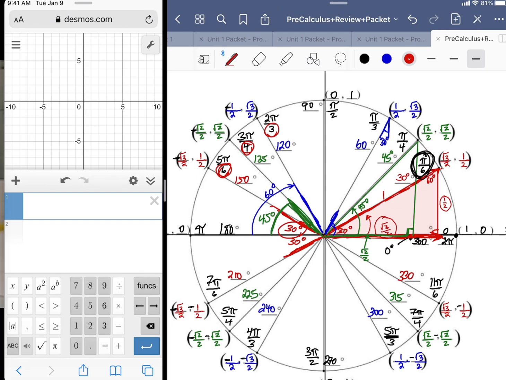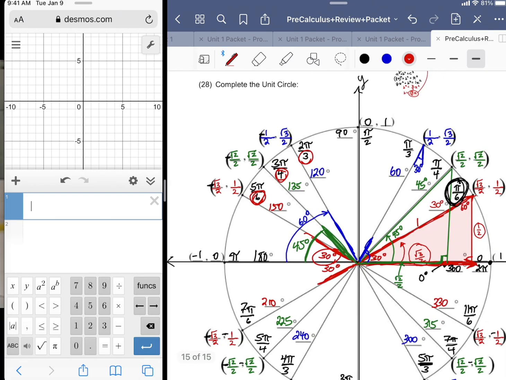All right. In the first quadrant, the numerator is always pi. So if you know 6, 4, 3, slap a pi on top and you're good. All right. In the second quadrant, this is where it gets a little interesting if you didn't know. You look at the relationship between the numerator and the denominator, you see the numerator has a value that's 1 less than the denominator in every case.